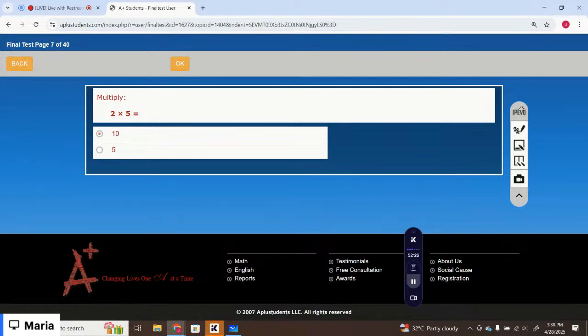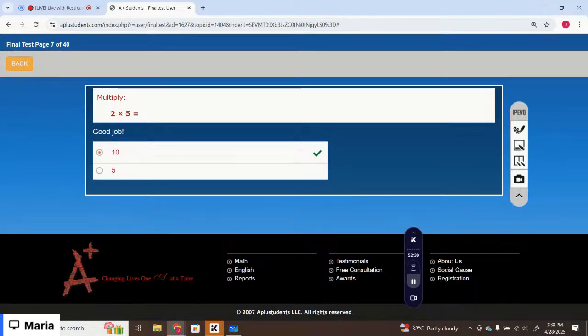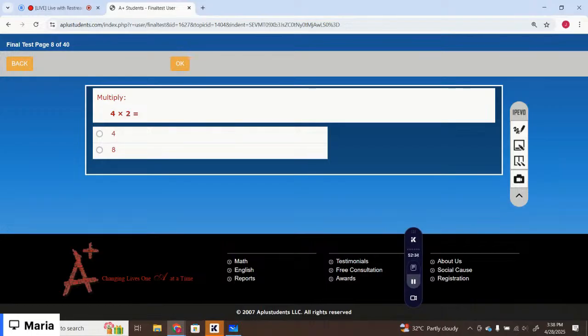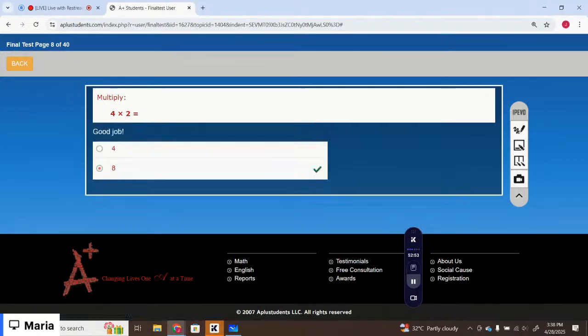Option number 1 is the correct option. That is 10. 4 times 2 is 8. Option number 2 is the correct option.